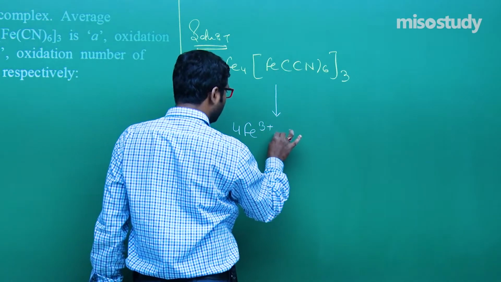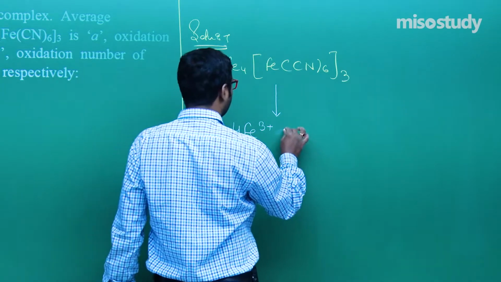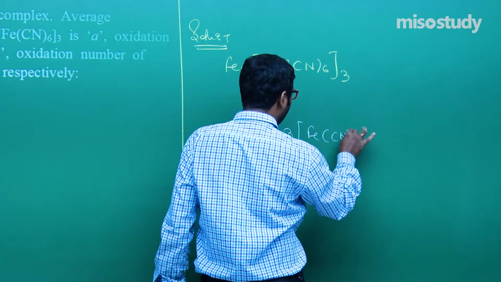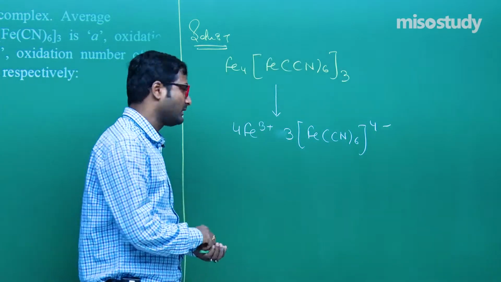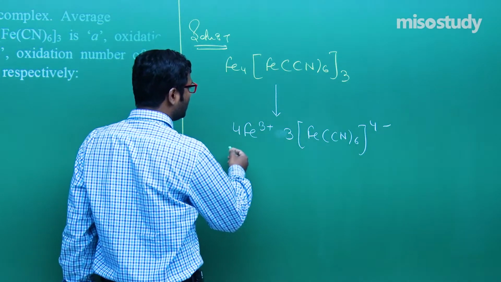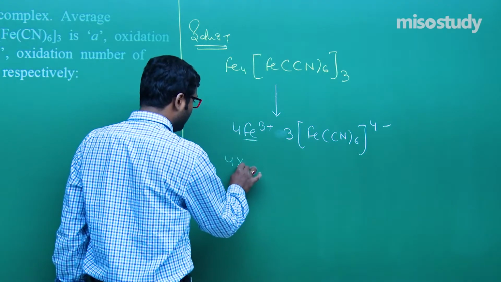4Fe3+ and 3[Fe(CN)6]4-. This is the simple case. Now, total iron here is 4 into 3.